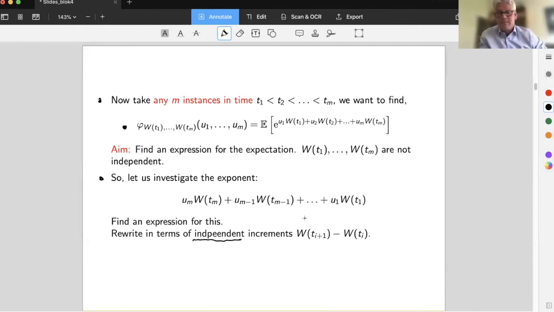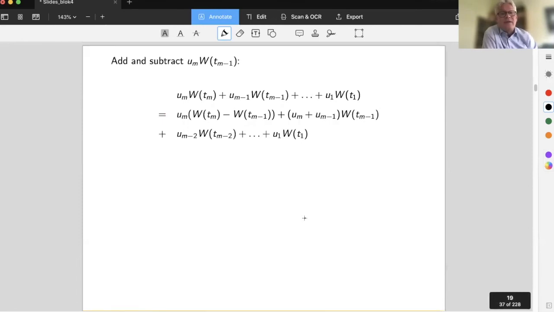We do that as follows. In the first line, we just have our expression for the exponent: um Wtm plus u(m-1) Wt(m-1), plus etc., plus u1 Wt1. Now again, we add and subtract W t(m-1).